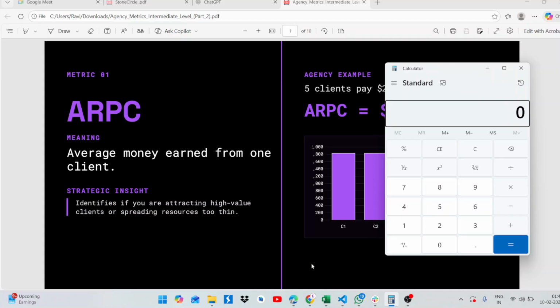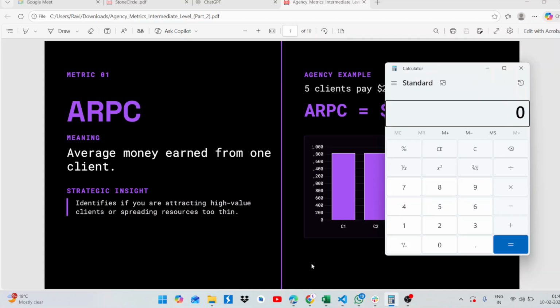As you go forward, companies and agencies will want a higher ARPC. I'll tell you why. Say there is one freelancer who is charging only one client $4,000.